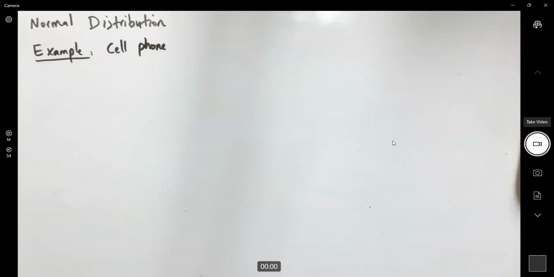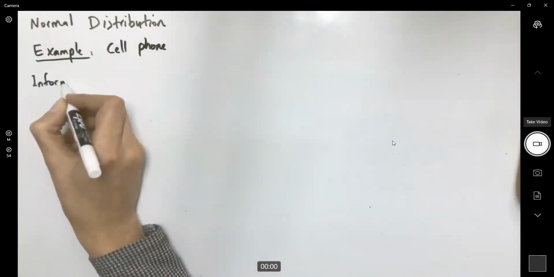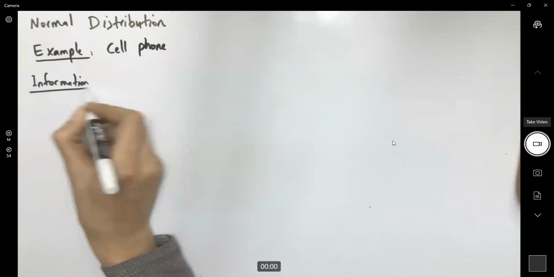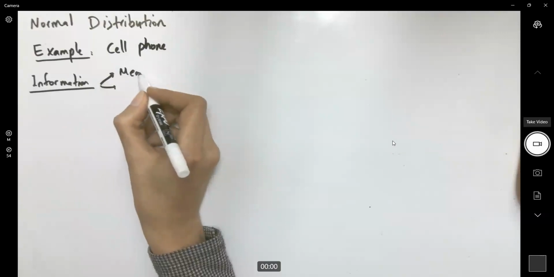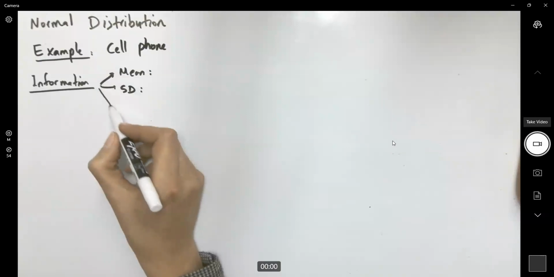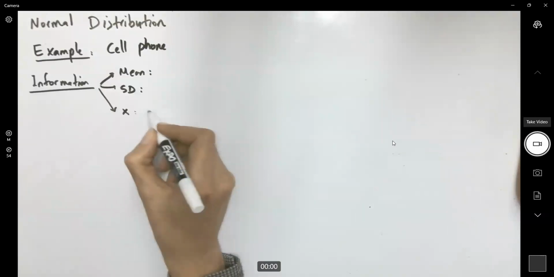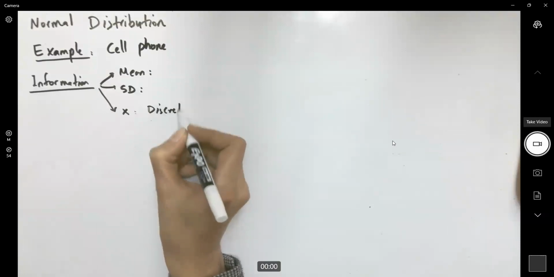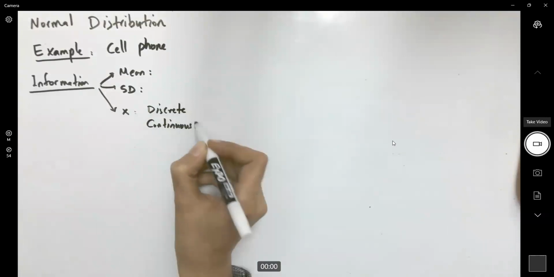So what information is given to us? What is the mean? What is the standard deviation? And what is the type of variable that you're dealing with? Is it discrete or is it continuous?